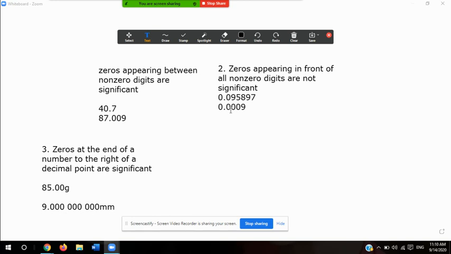So it's kind of like the opposite of number two. Number two says that all the zeros to the left of the decimal point are not significant, and the third rule basically says all the zeros to the right are significant.